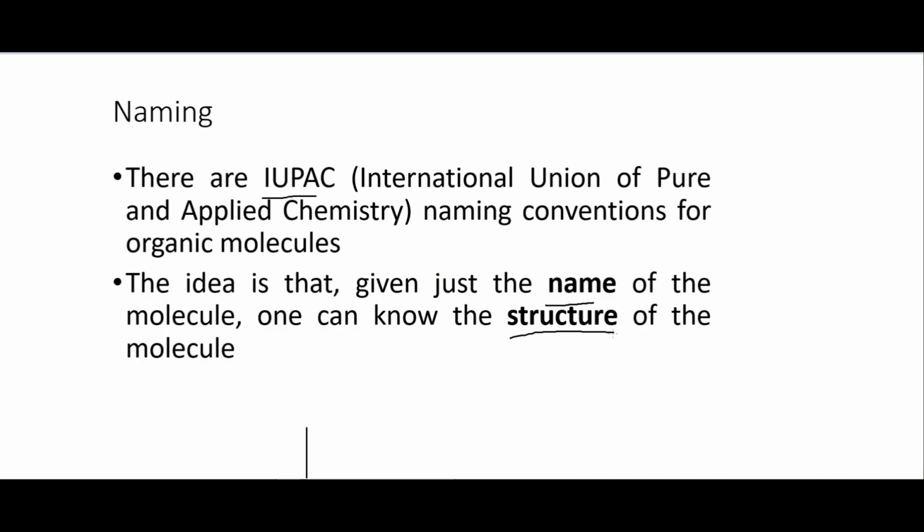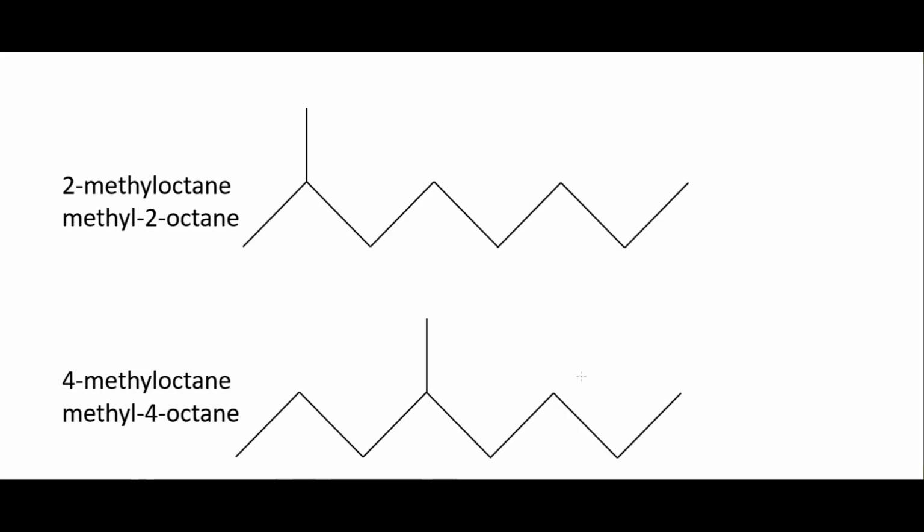And in fact, if you're taking a 200 level organic chemistry class, you'll probably see that quite often in your homework assignments: given a name, draw the structure; given a structure, write the name for it. And so I have a couple of structures here.